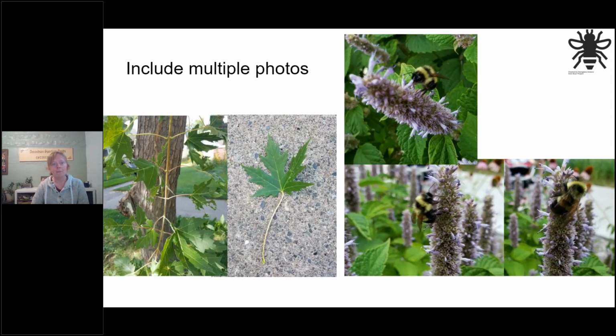So one tip is, again, you might not get the perfect picture the first time, but add several pictures. On the right, this is my rusty patch bumblebee from the Capital Region Watershed District rain garden. I had no idea I was going to see it. I was out on a walk with my husband and toddler. I was trying to divest from smartphones, so I left mine at home.